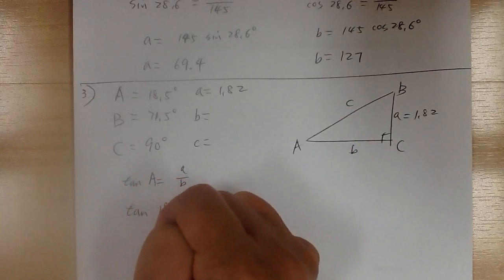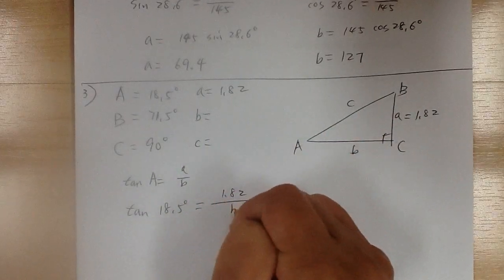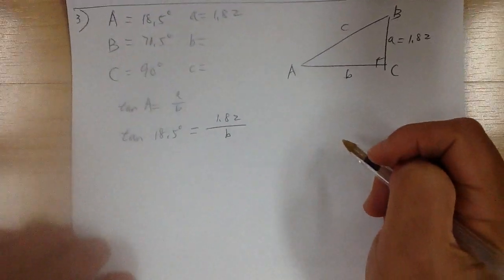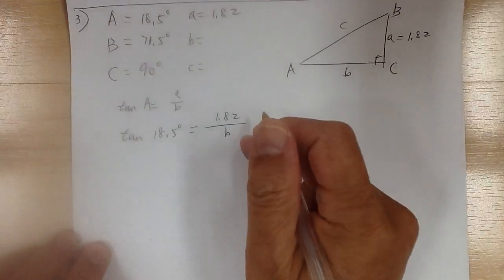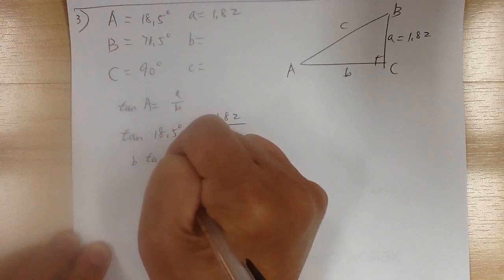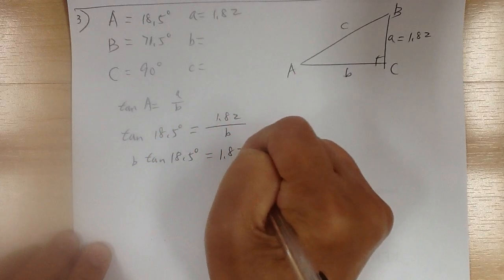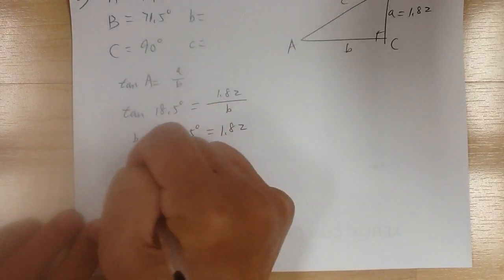So tangent of 18.5 degrees equal to 1.82 over b. Okay, then what you're going to do is you're going to cross multiply. Okay, and you're going to divide.